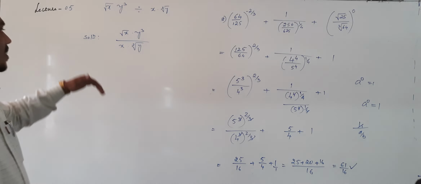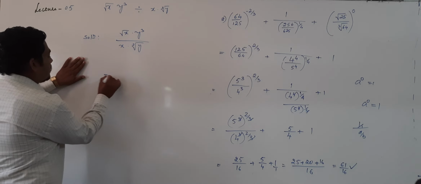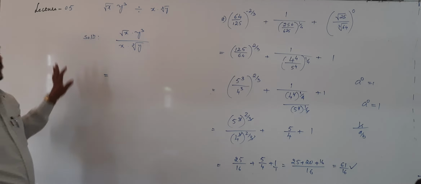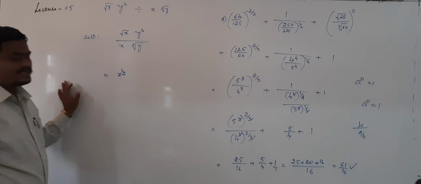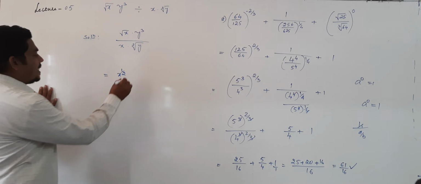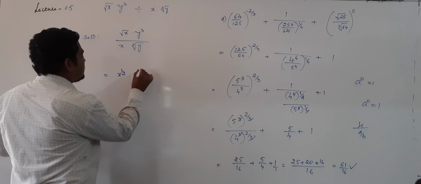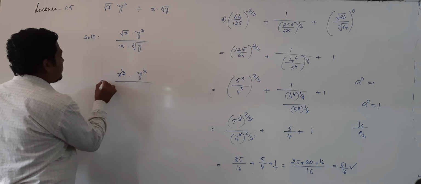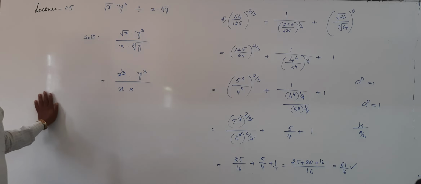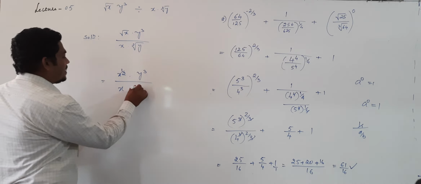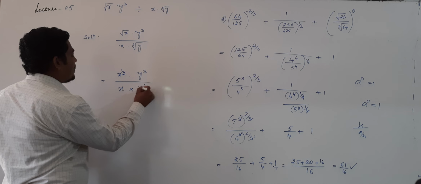What is the square root of x? I will write the square root of x as x power 1 by 2, into y cube remains as it is. Whole thing divided by, in the denominator x remains as it is, into cube root of y, which is y power 1 by 3.